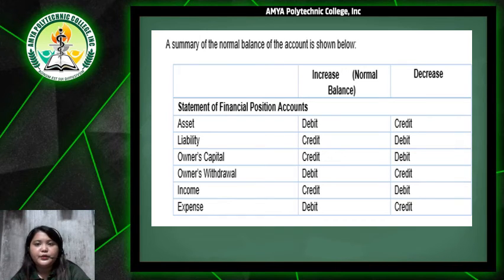The increase in the normal balance for asset is debit, so when it decreases, it becomes credit. Liability is credit to debit. Owner's capital is credit to debit. Owner's withdrawal is debit to credit. Income is credit to debit, and expense is debit to credit.